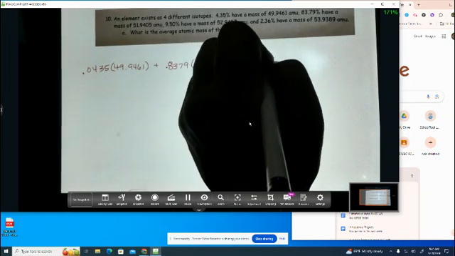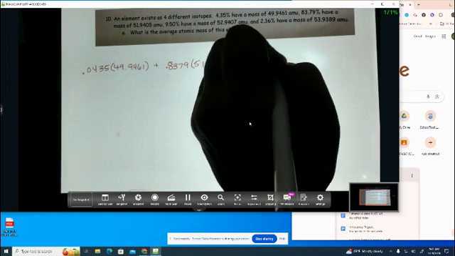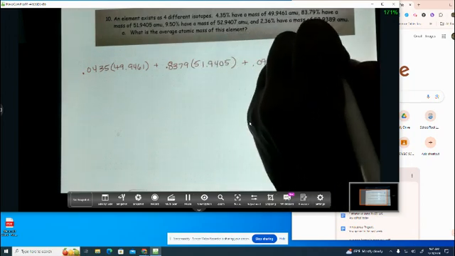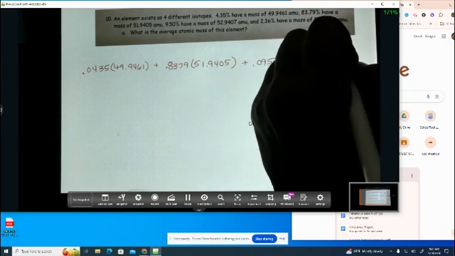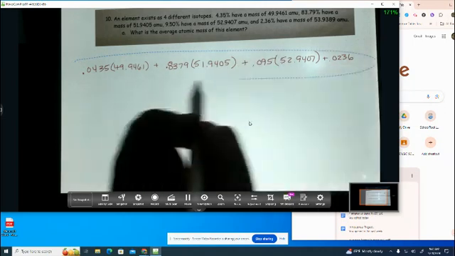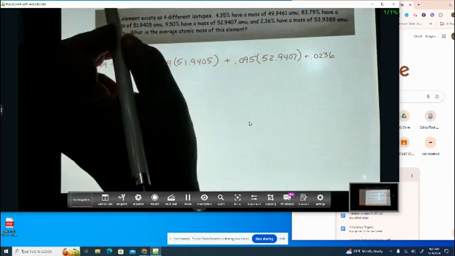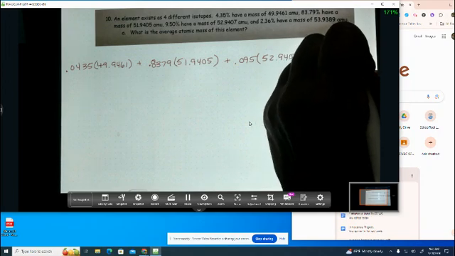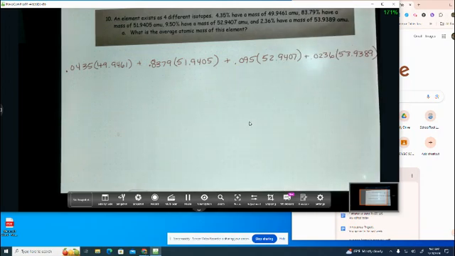Plus 0.095 times 52.9407 plus 0.0236, I ran out of room, times 53.9389. I just squeezed it on there. Okay, that's the correct numerical setup.